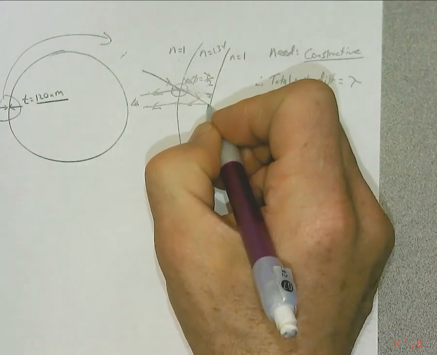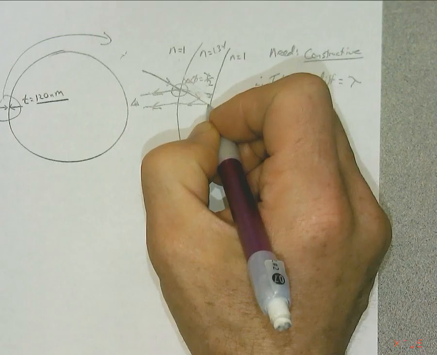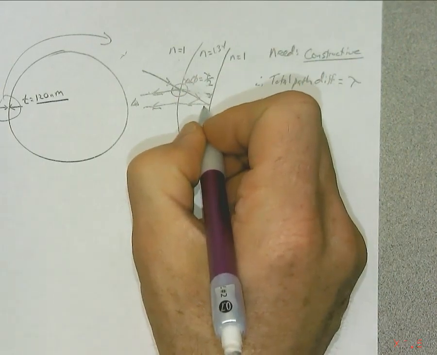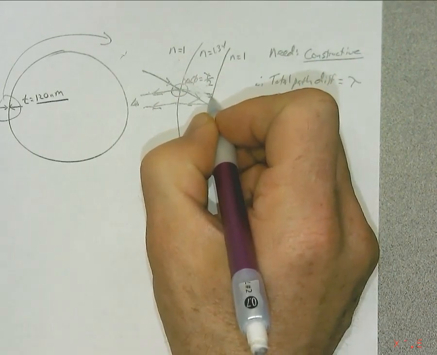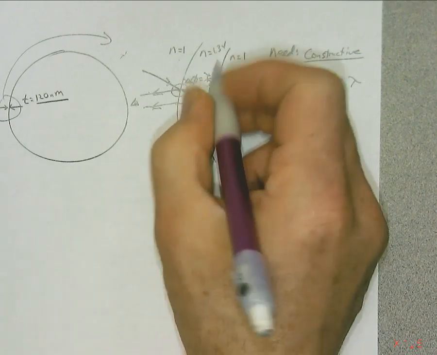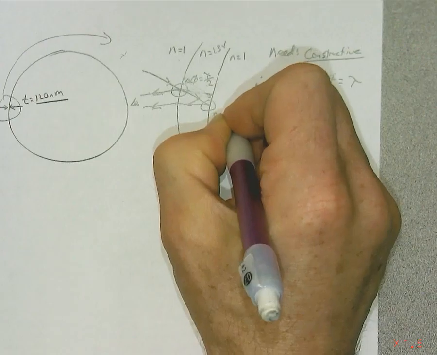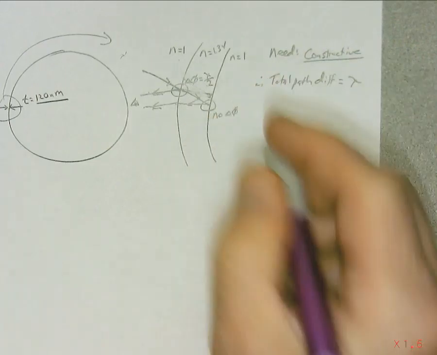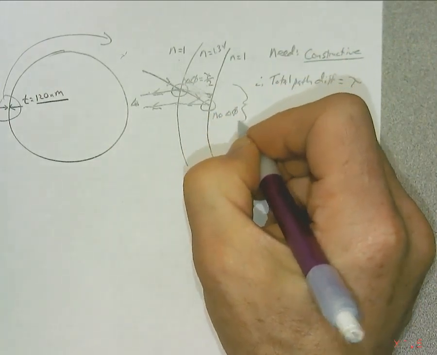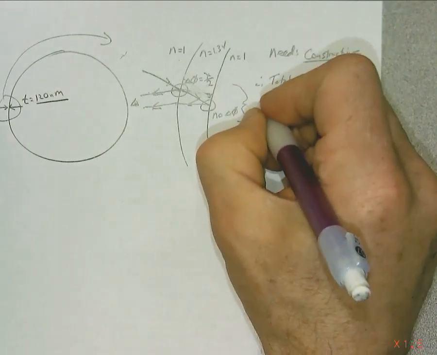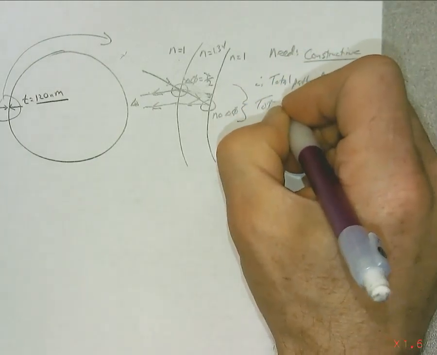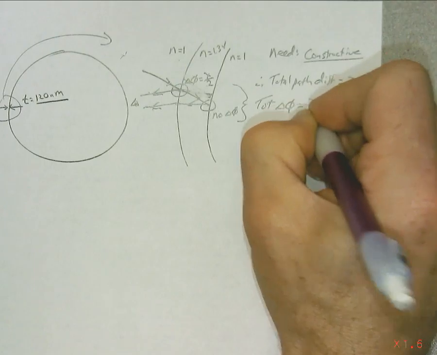Now, down here, we're not worried about what transmits through, but on this bounce, we have a slow to fast, and in this case there is no delta phi. Therefore, considering both of these, total delta phi is equal to lambda over 2.